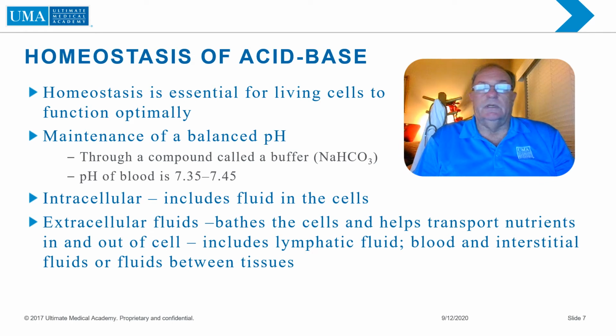So the desired is 7.4, which would be the perfect blood pH. As you can see, they allow a little movement on this slide, but it's between the two trouble points. If you're at 7.35, you're in trouble. If you're at 7.45, you're in trouble. But if you're in between that, you're not. So it's a very, very small amount of movement.